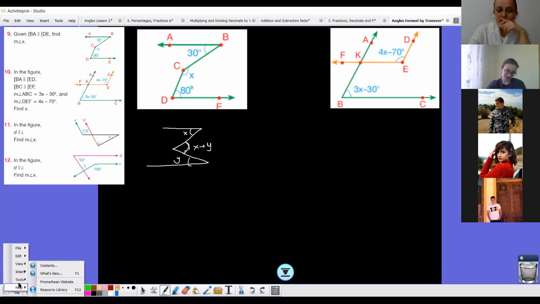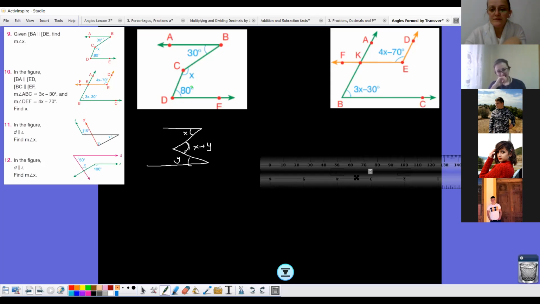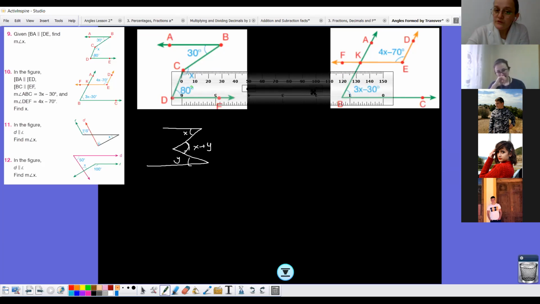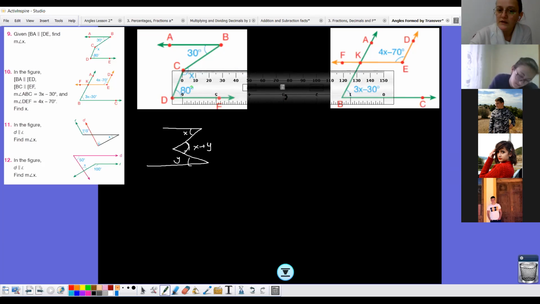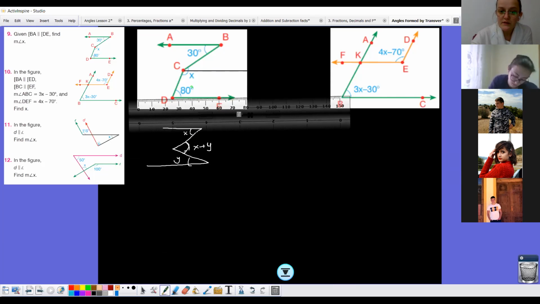Now, let me take my ruler again. How will we solve this one? We'll use the thing that I used in the previous similar question. I can draw a parallel line here, or you can use that property in a different way.